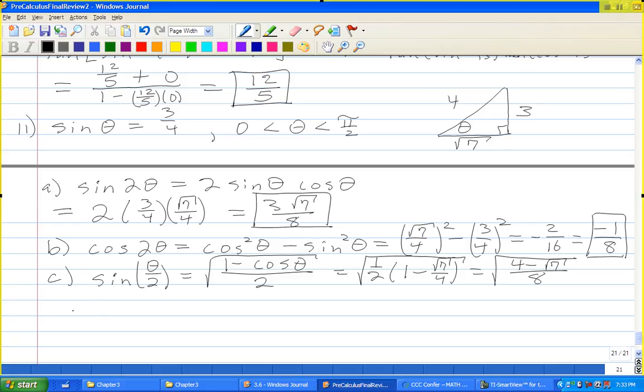So this is going to equal, bring out a 1/4 rad 4 rad 2 minus rad 14 in order to rationalize the denominator.